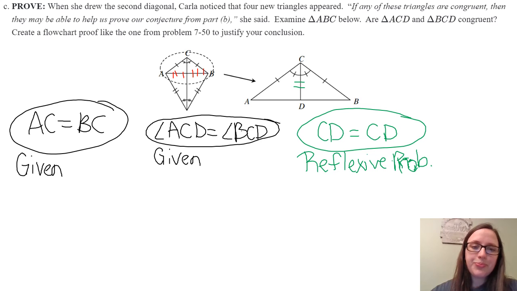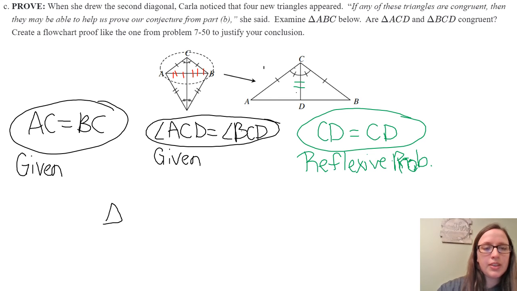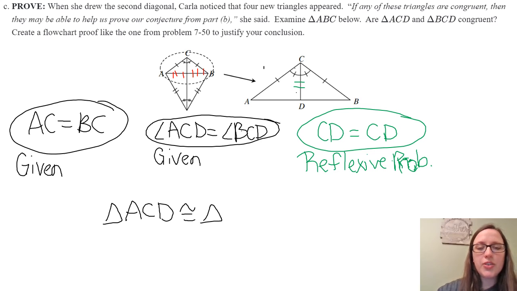All right. So now we know that those two triangles are congruent. Hopefully you know it's by side, angle, side. So triangle ACD is congruent to triangle, and angle A corresponds with angle B. So we'll start with B and then go to CD.